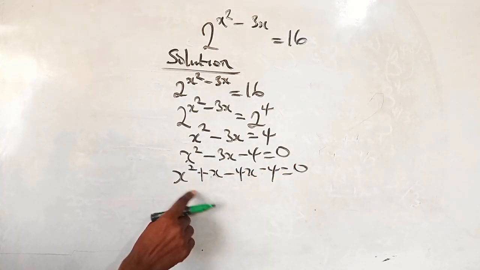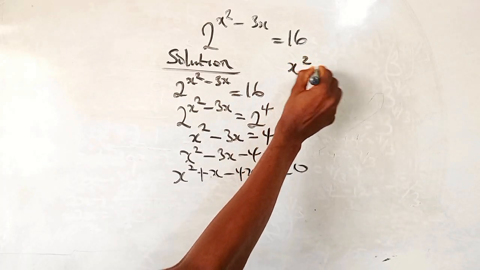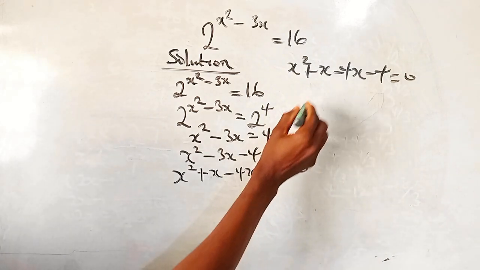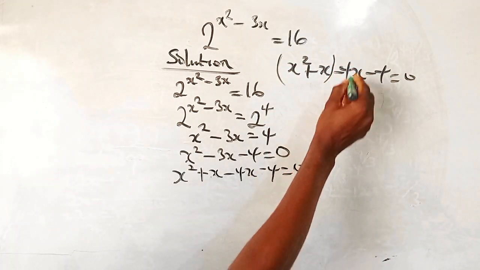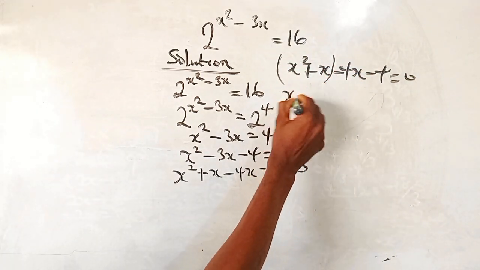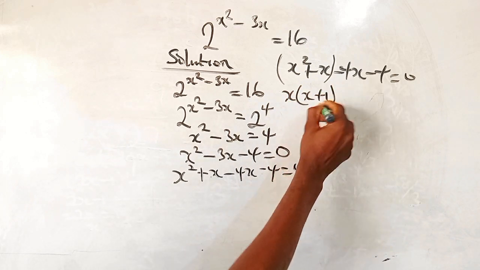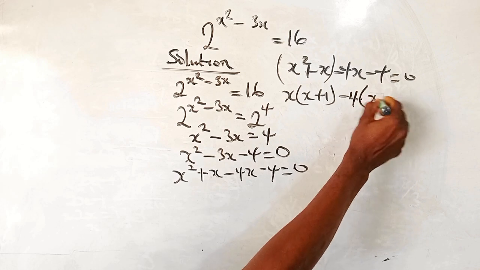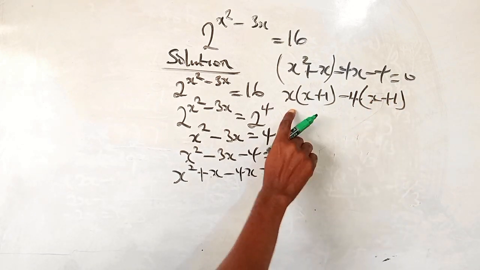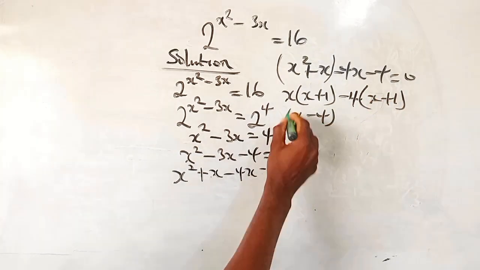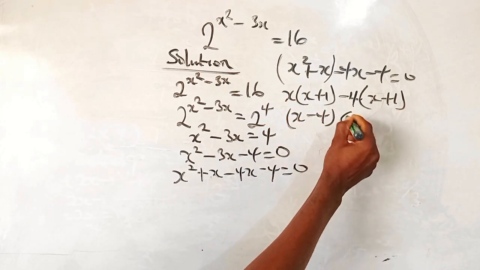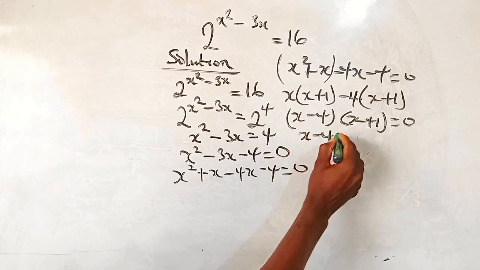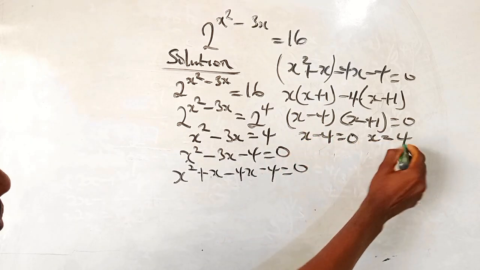When we group this, we have x common in x squared plus x, so x into x plus 1, and 4 common in minus 4x minus 4, so minus 4 into x plus 1. So here we have x minus 4 times x plus 1 equals 0. For x minus 4 to be 0, x equals 4.